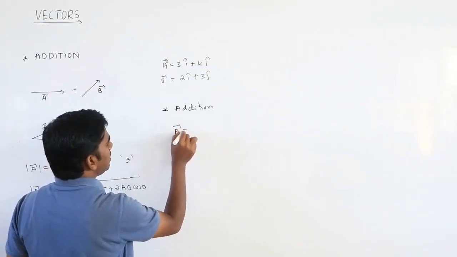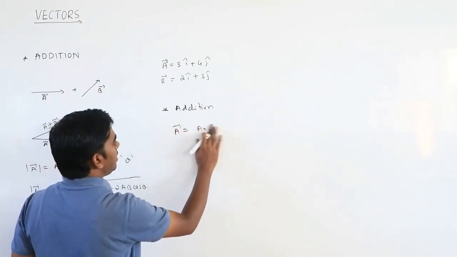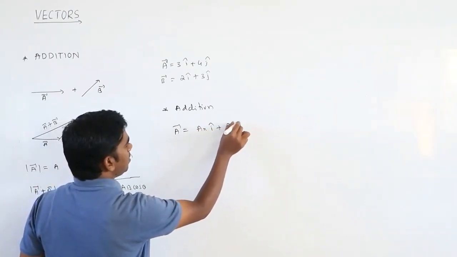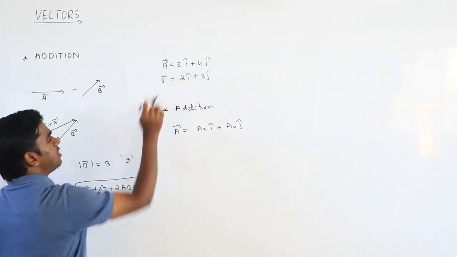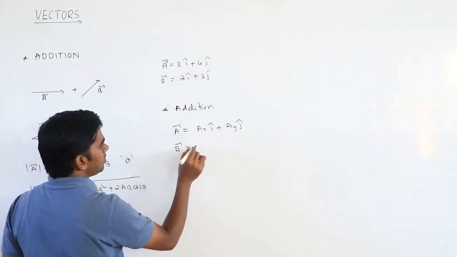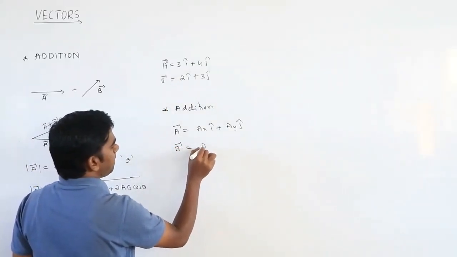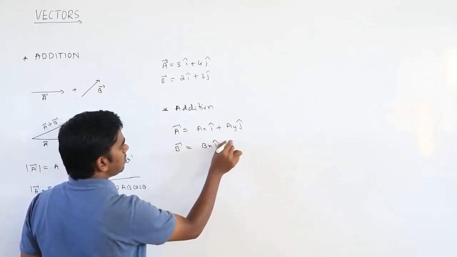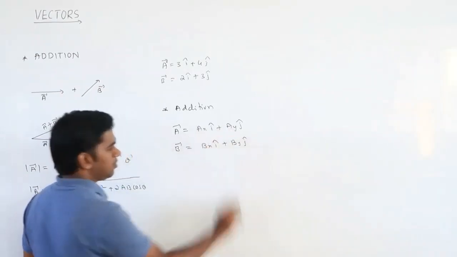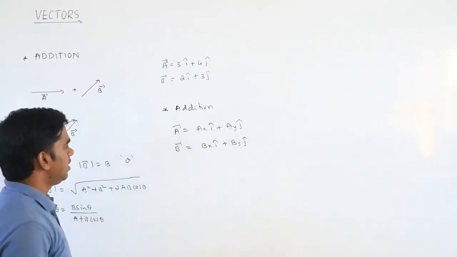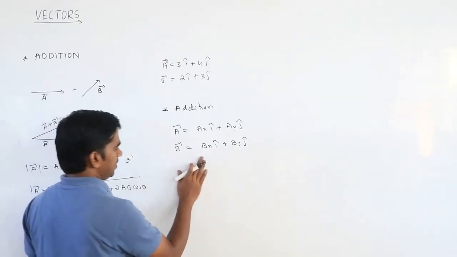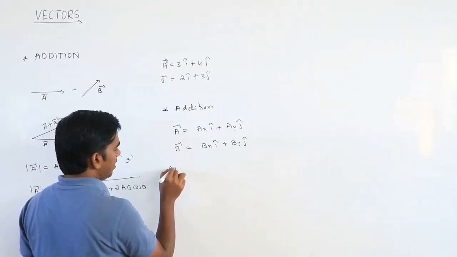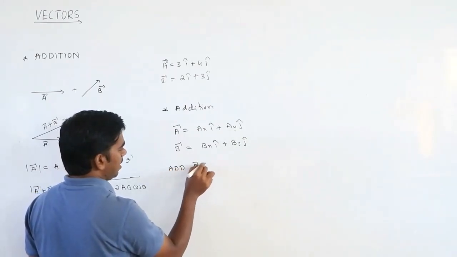Suppose vector A is ax I cap plus ay j cap, and vector B is bx I cap plus by j cap.